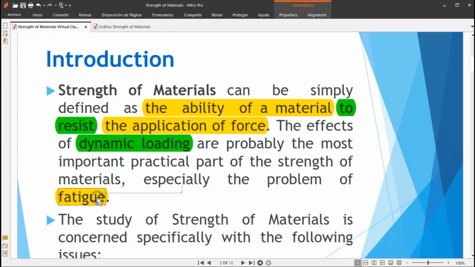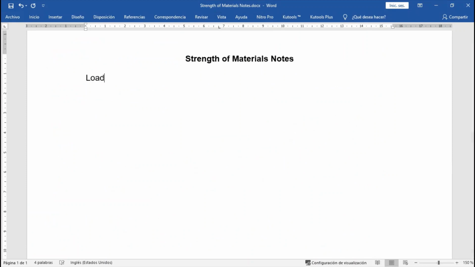Now, I want to stop here for a little while and tell you about this part. When we talk about dynamic loading, let's clarify this part because this is really important. Load. Now, load, we are not talking about something like the internet, right?